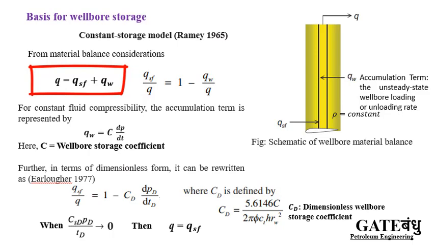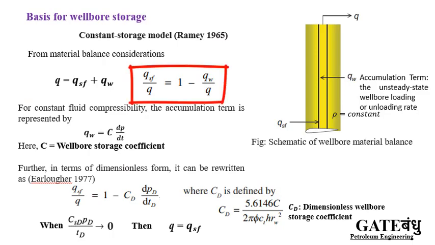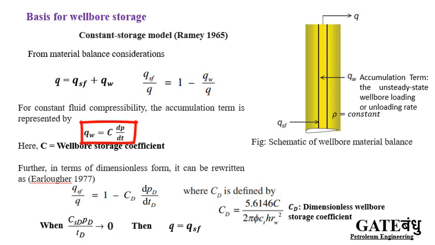So this Q W, the accumulation term, could be written in dimensionless form, that is Q subsurface divided by Q equals 1 minus Q W divided by Q. And Q W, the accumulation term, you could write as C into dP by dt. dP by dt is the rate at which fluid is entering the wellbore and increasing its height, and when increasing the height, that increases the pressure derivative with time, and C is the wellbore storage coefficient.